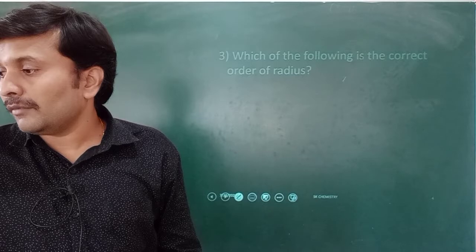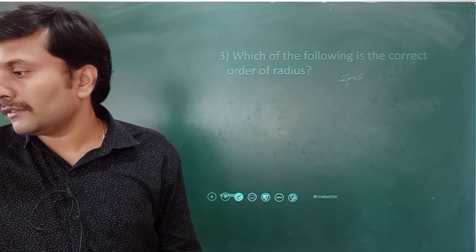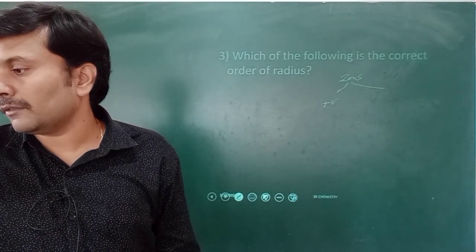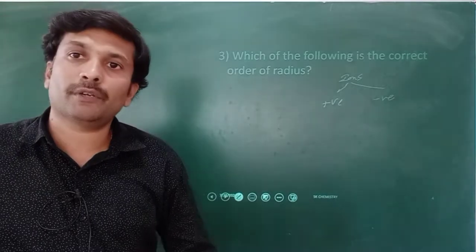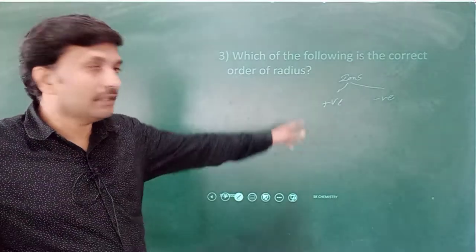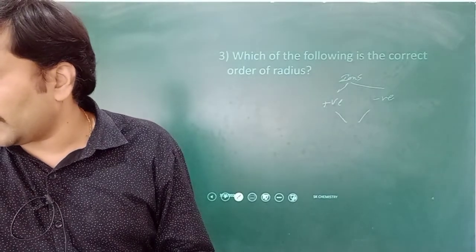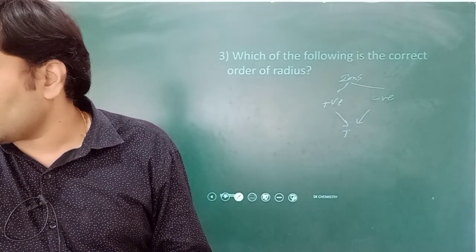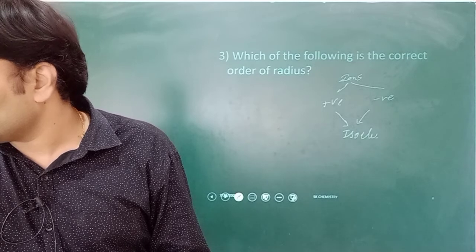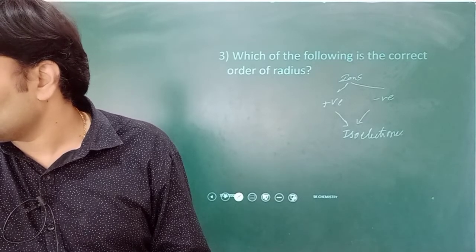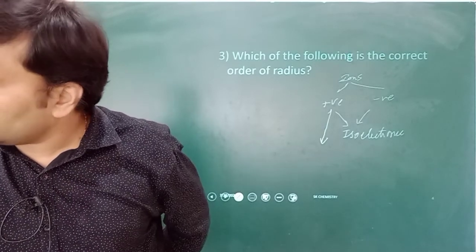See here, when it is ions, there are two types of ions: one is positive ion, one is negative ion. If it is isoelectronic ions, positive ions are smaller in size.